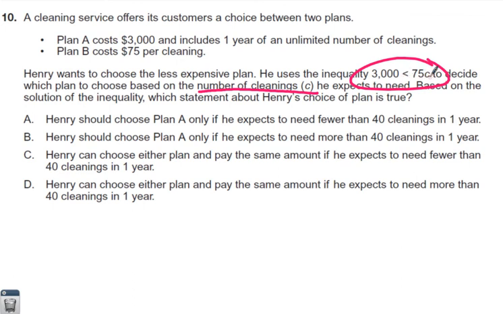Because listen, we're basically about to figure out what the value of C would be. How many cleanings would it take for this amount to be larger than just 3,000? So we're going to figure out what that breaking point is. When we divide both sides by 75 on my calculator, let me just write this down.